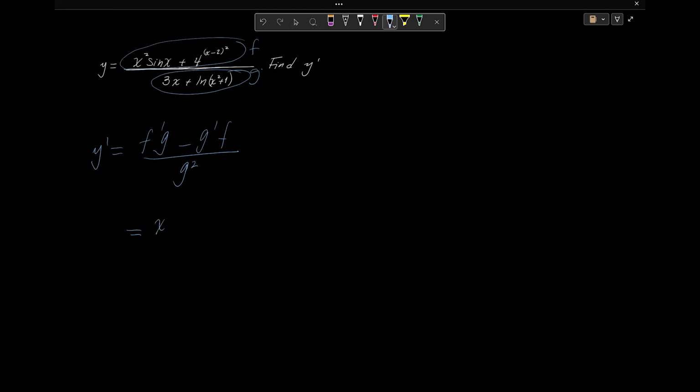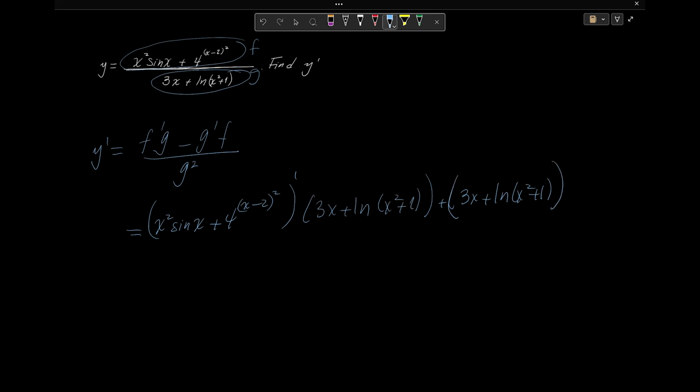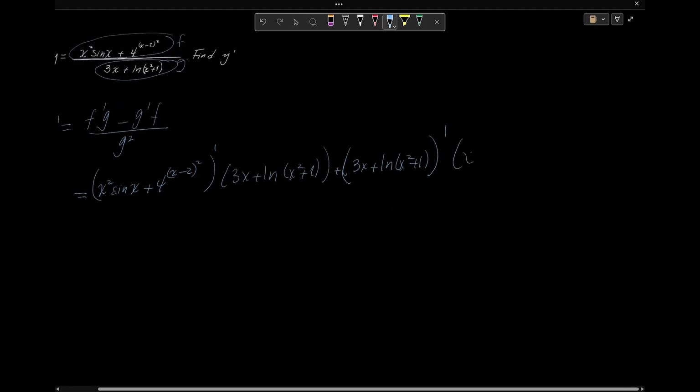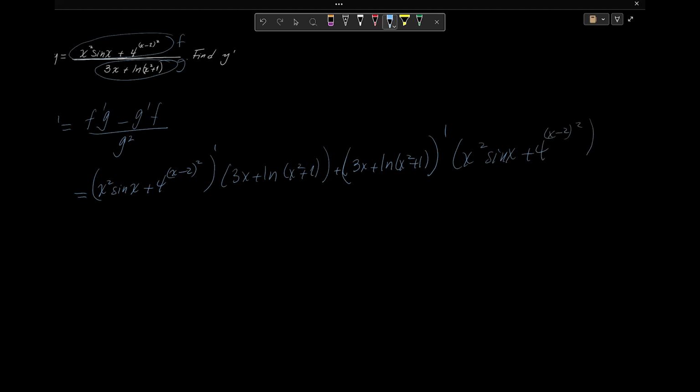We have x squared sine x plus 4 to the x minus 2 squared, prime, times the bottom, plus derivative of the bottom times the top, over the bottom squared.